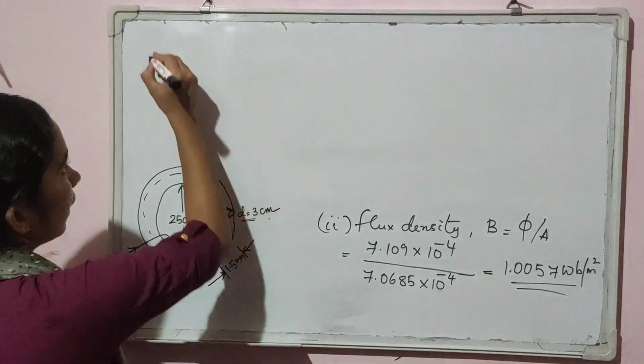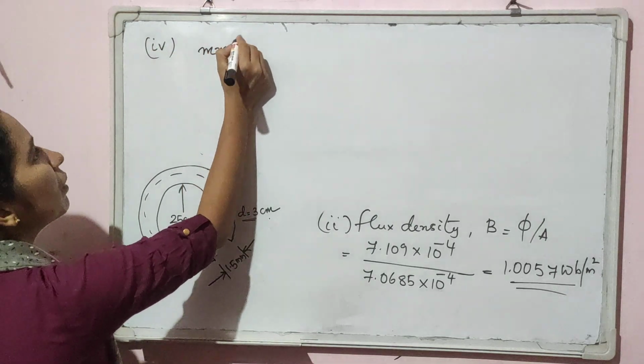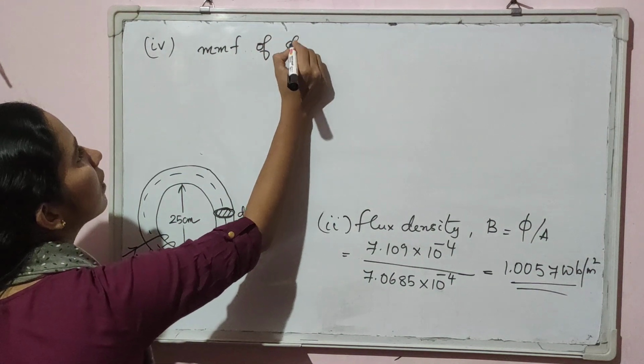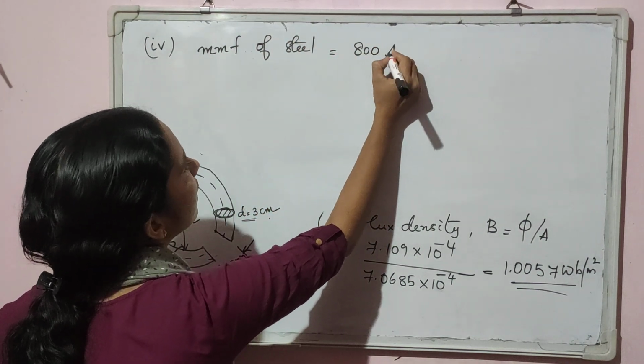So we know the MMF of steel. MMF of steel, we got it as 800 ampere turns.